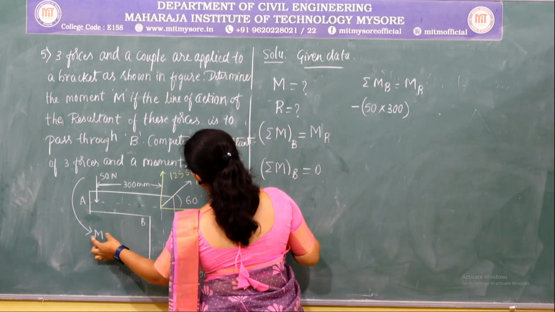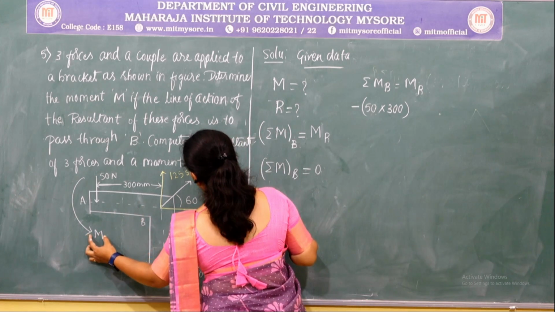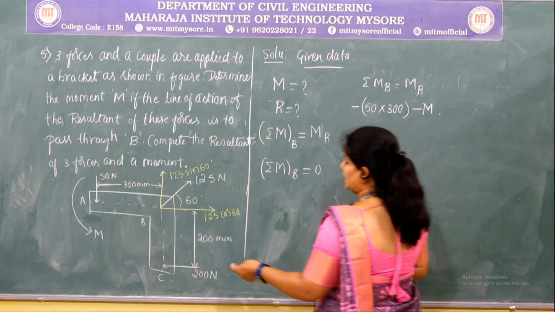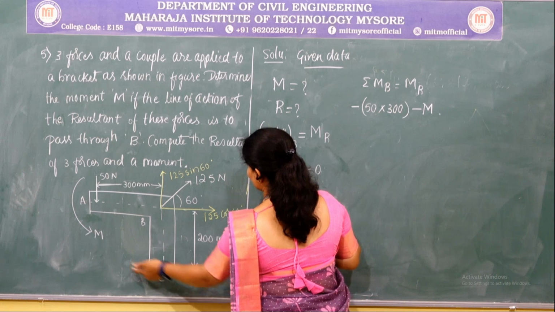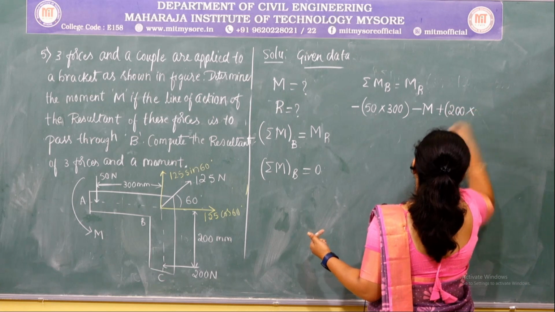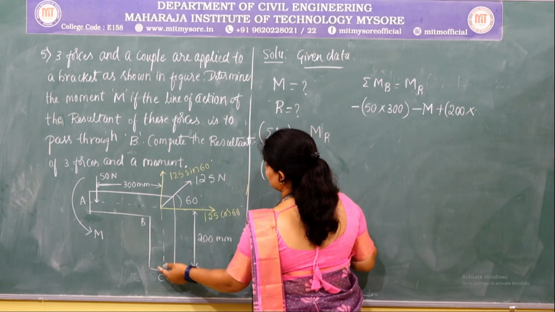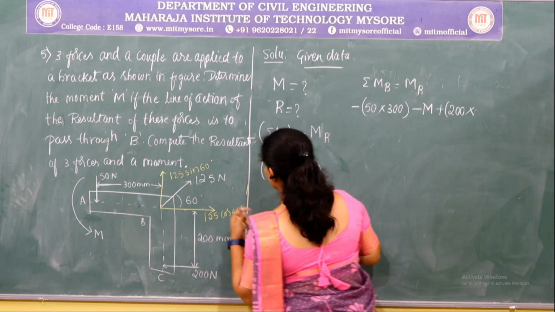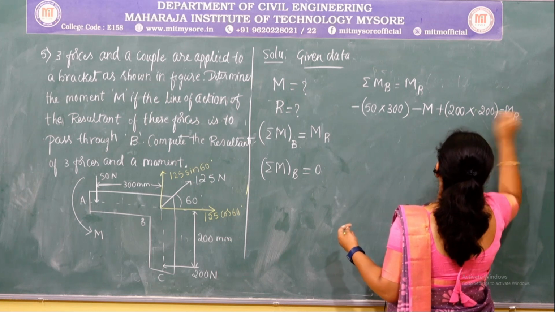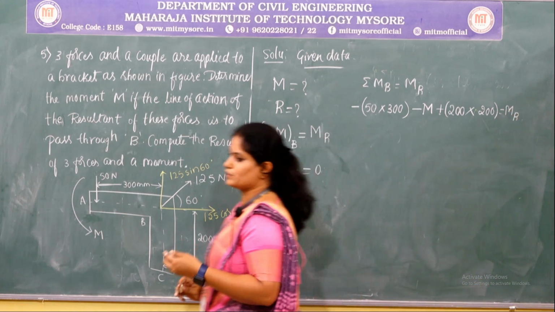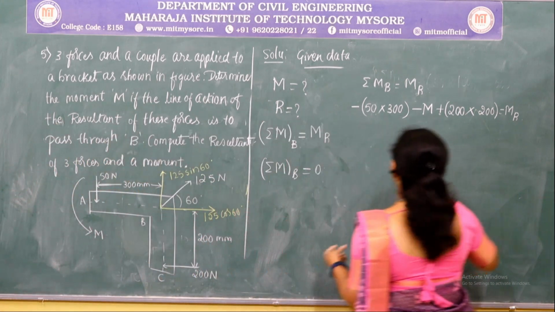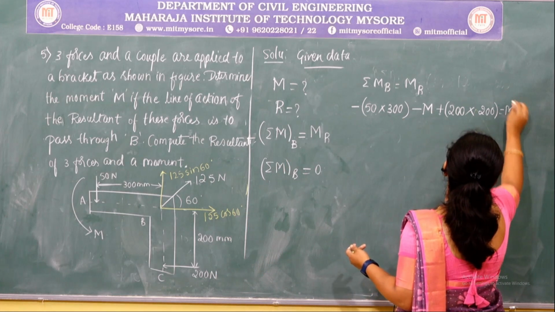Again there is a couple moment, the direction of which is anti-clockwise, so this can be written as minus M. There is a 200 Newton force at point B which is producing a clockwise moment, that is 200 multiplied by the perpendicular distance between the line of action of the force and the point, given as 200, which is equal to the moment of the resultant. On solving this we are going to get the value of moment. So moment about B, this can be equated to 0.